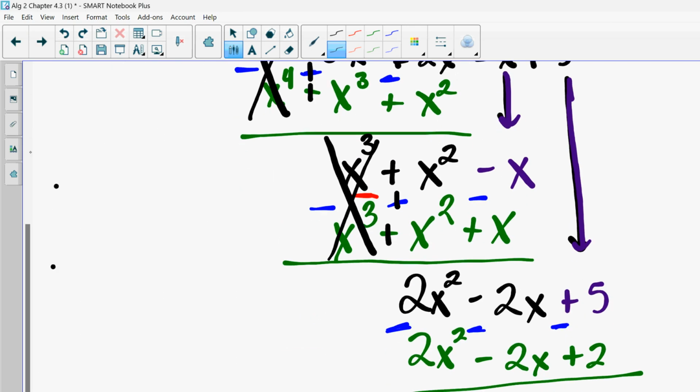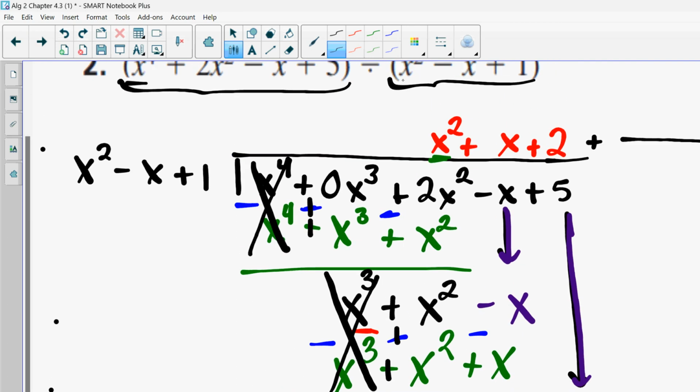So if we look at our subtraction, 2x squared minus 2x squared is 0. Negative 2x minus negative 2x would be 0, because negative negative makes a plus. So we have negative 2 plus 2, which is 0. And 5 minus 2 is 3.